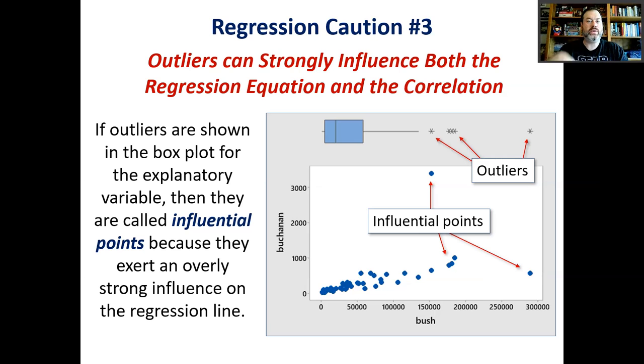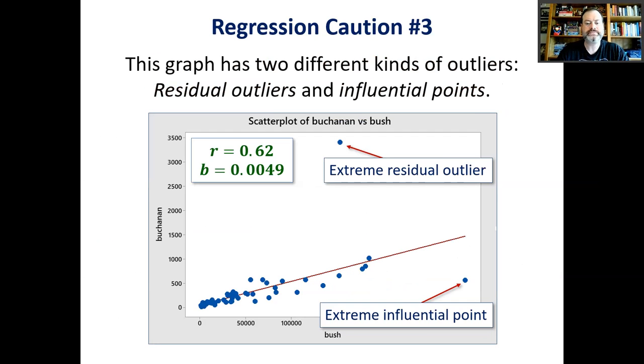Anyway, if you have your x and y values and you made a box plot of the x values, and you saw outliers in that box plot, the points that correspond to those outliers are called influential points, because what those do is they rotate the regression line. What we were calling outliers before, in the previous section, move the regression line up or down. These influential points cause it to rotate, so the regression line can move around a lot based on these different kinds of outliers. In fact, I'm going to show you exactly how much movement can take place.